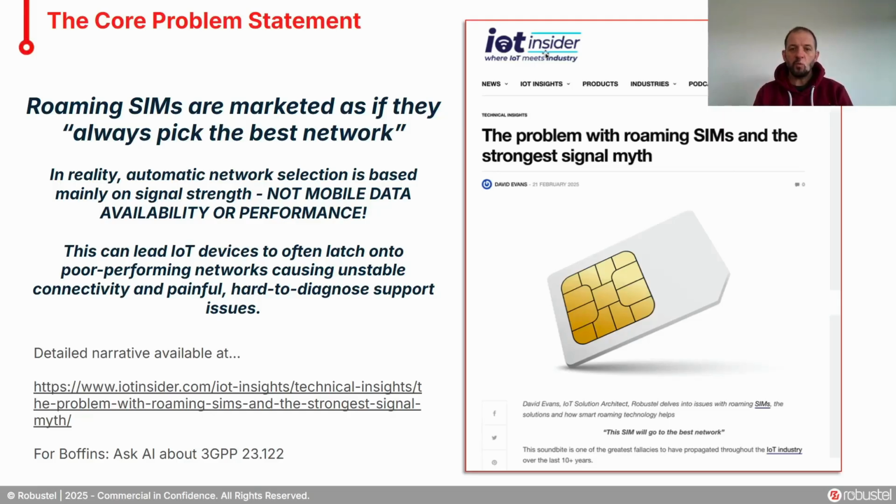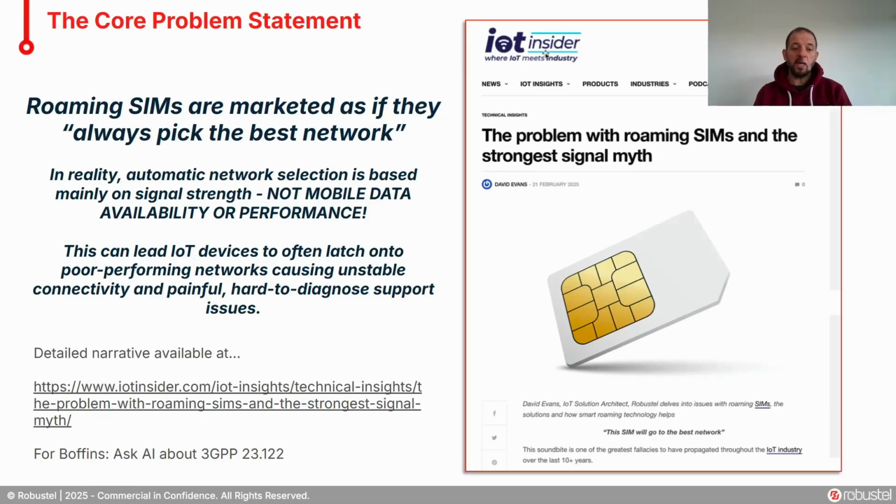So why did Smart Roaming start 8 years ago in the first place? It started because when you put a roaming or multi-network SIM into a router, specifically a router using automatic network selection, you don't get the results that you expected or that very often that you hoped for. So this is a really important statement of fact, and a lot of people have never understood this because it's quite complex.